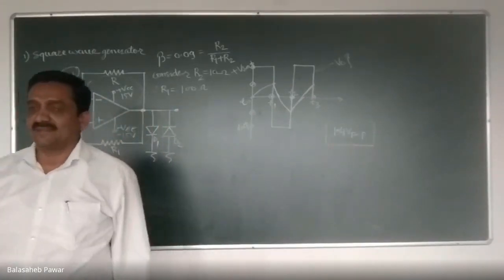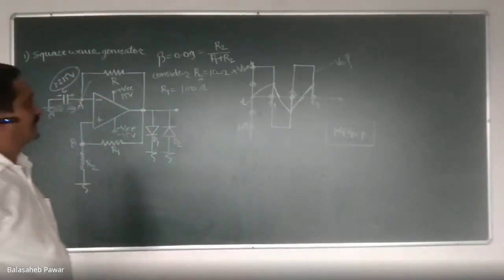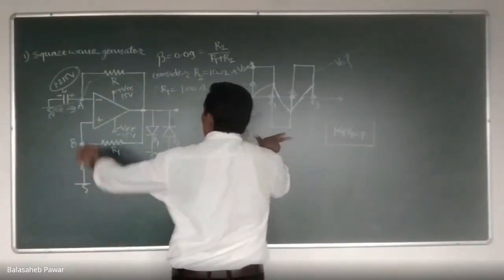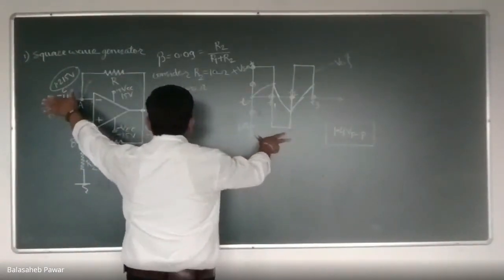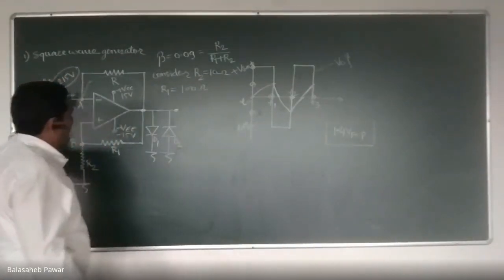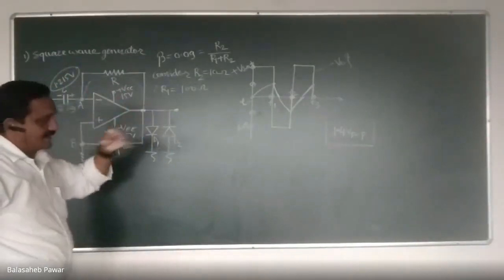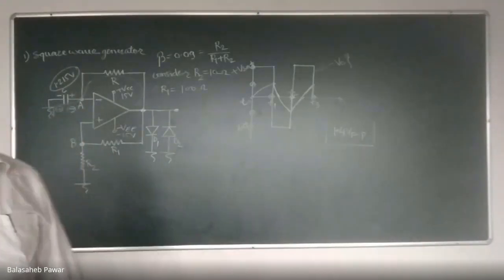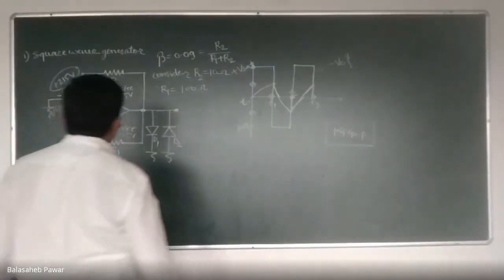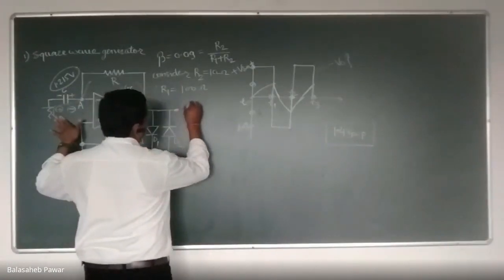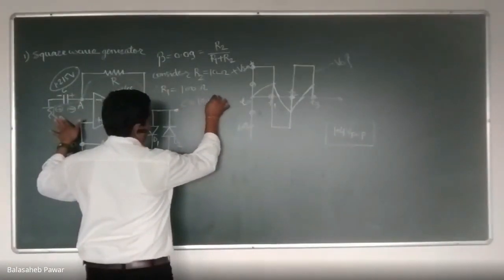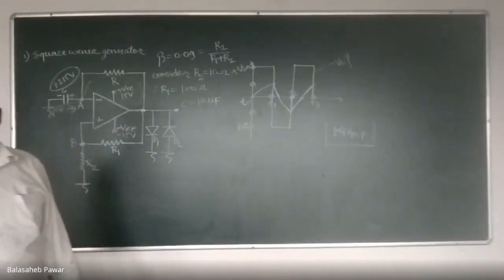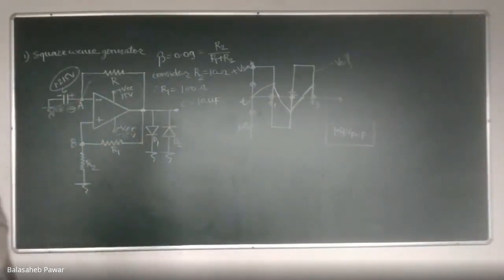So the capital T will be dependent on what? RC time constant, right? Therefore, next line, consider this capacitor C equals 10 microfarad.